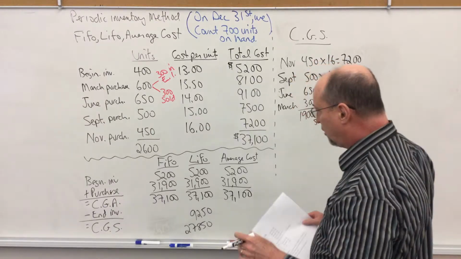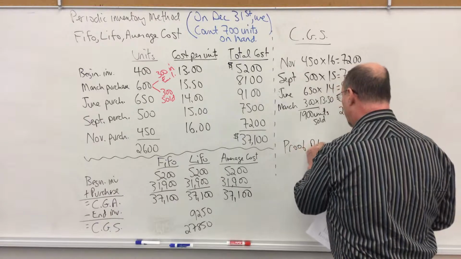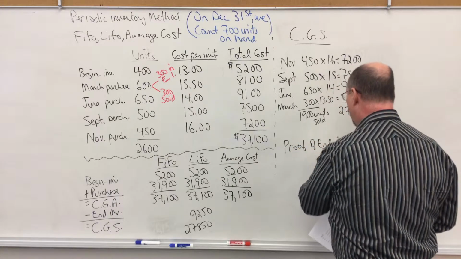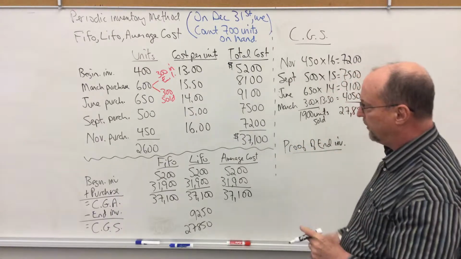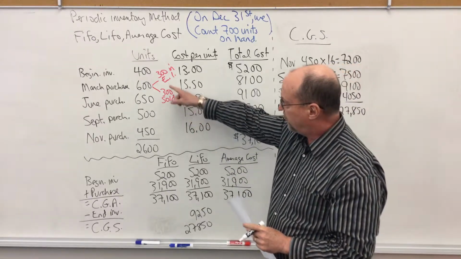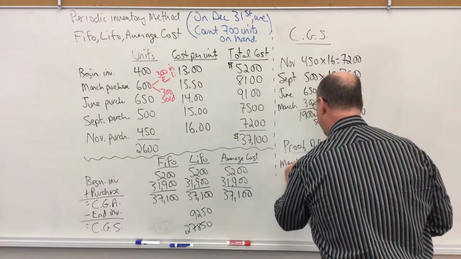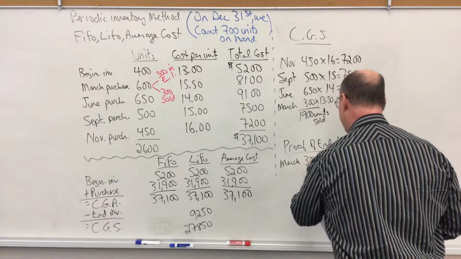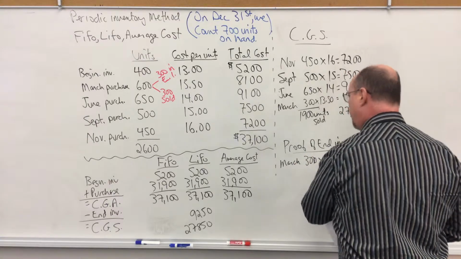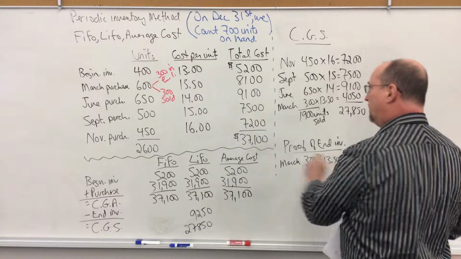What I'd also like to do is show you the long route. What we call the proof of ending inventory. We know that in March, 300 were sold. That means 300 of those were still in ending inventory. So March, 300 times 13.50, and we said that equals 4,050.